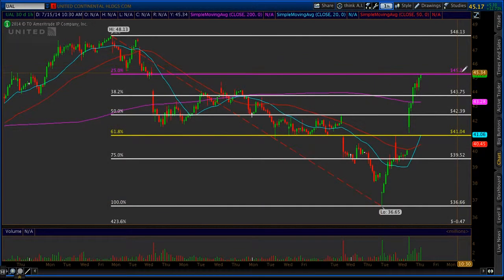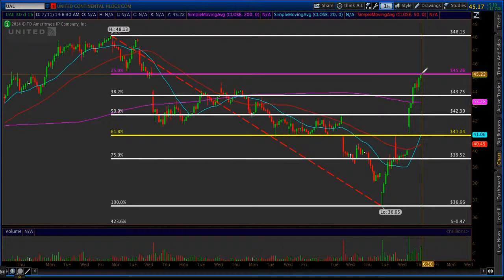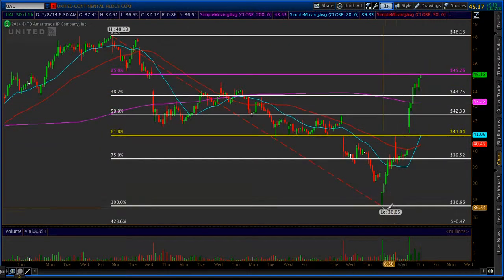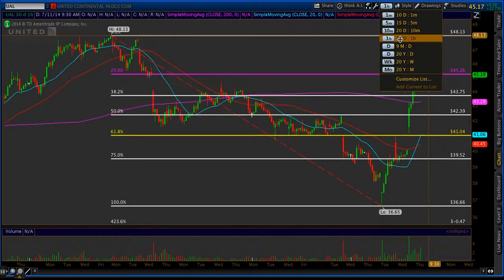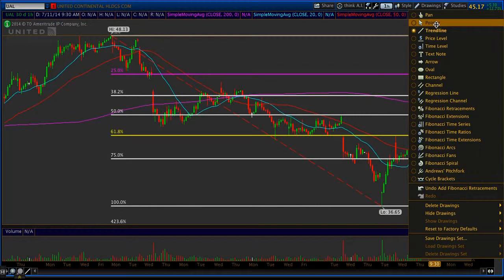There it is, 45.26. In my opinion, this should act as some short-term resistance. I'd like to see this pull back. This has made a monster move in the last 2 days from 36.65 to 45.26. All right. So I'm going to get rid of the fib lines.